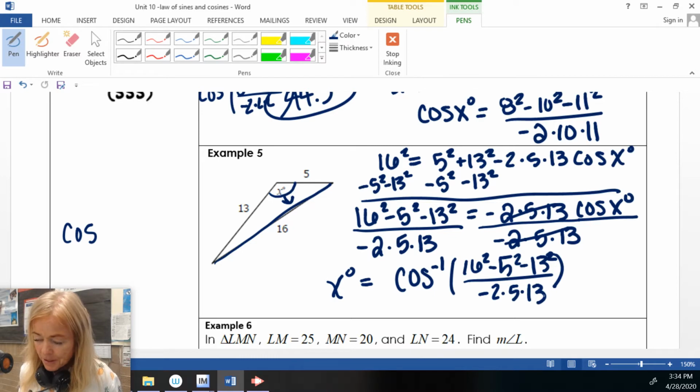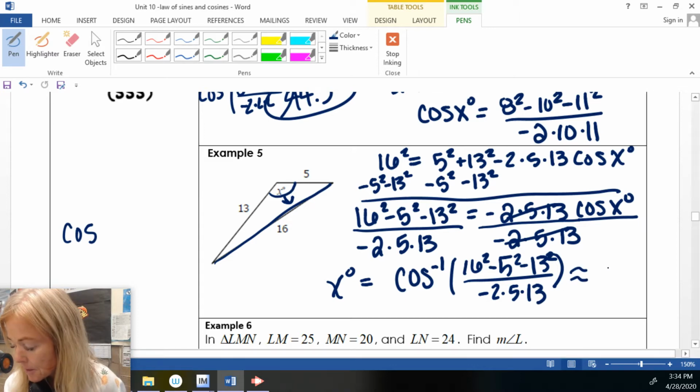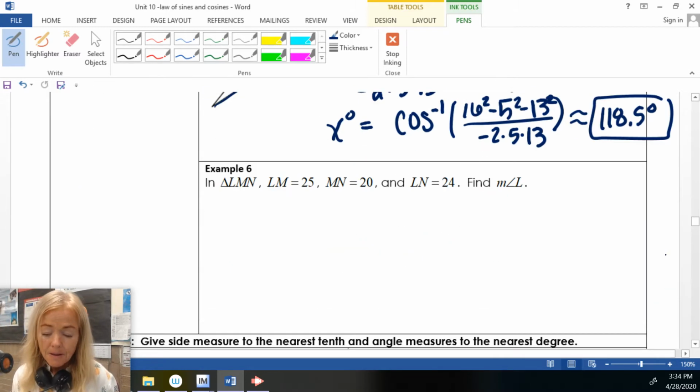On the bottom, -2 times 5 times 13. And on the top you have 16 squared minus 5 squared minus 13 squared. 16 squared minus 5 squared minus 13 squared over -2 times 5 times 13 means that it's approximately 118.5 degrees, right, for that angle.